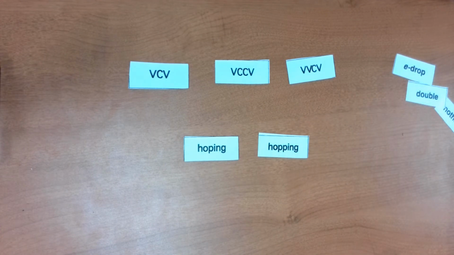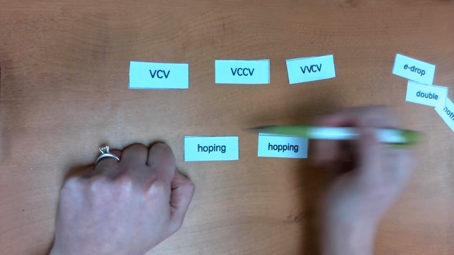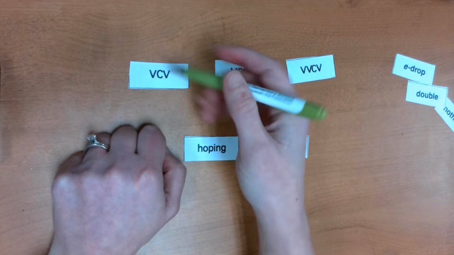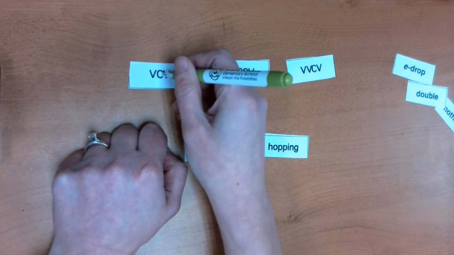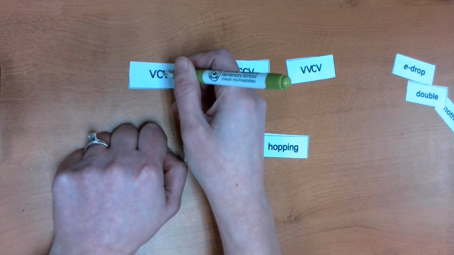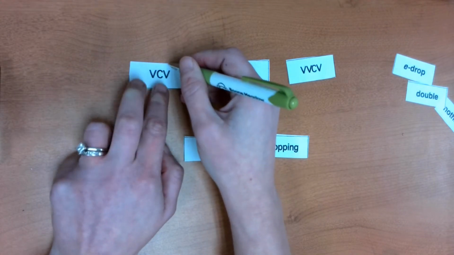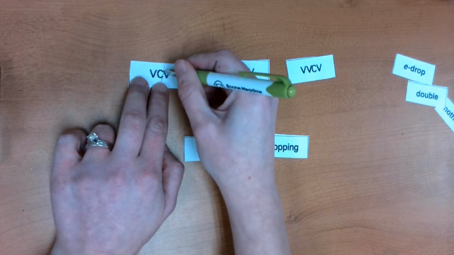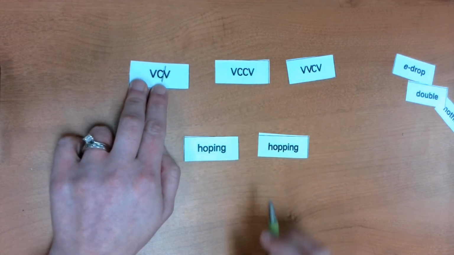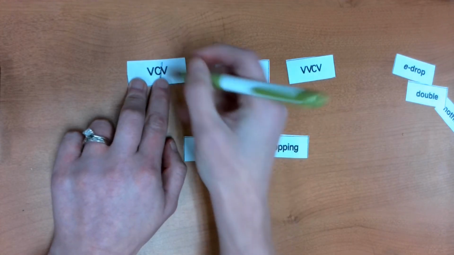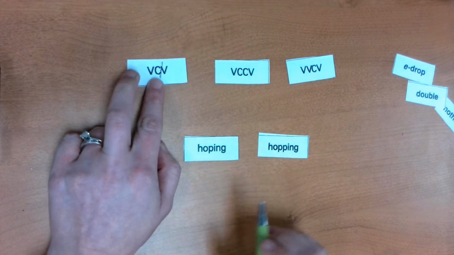Okay, so when we look at our headers here, we've got vowel followed by one consonant, okay, before adding on a second syllable that begins with a vowel. In this case, it's going to be either ed or ing, okay.